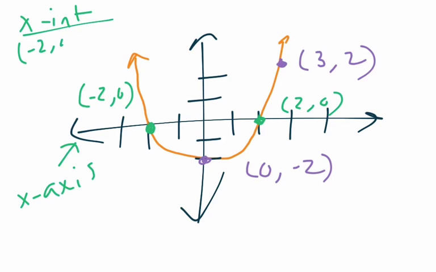Sometimes we'll list them as ordered pairs to remind ourselves that they are actual locations. Other times you might just hear somebody say -2 and 2. And that is because it is assumed that you know that the y-coordinate is equal to 0.